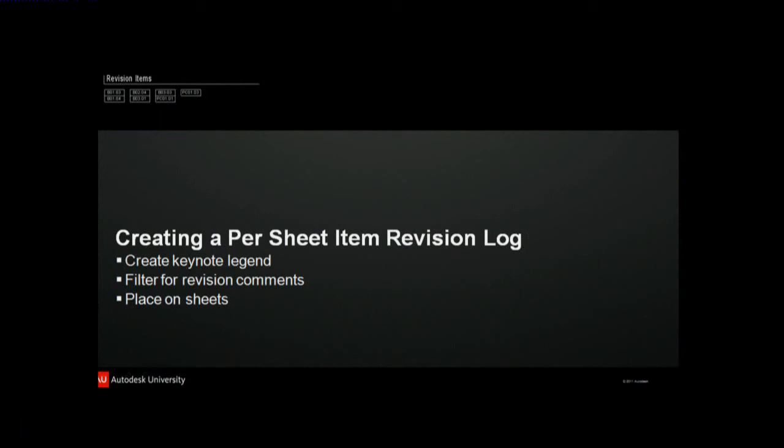This relates to using the Keynote style item revision tag, and the one nice thing about using that technique is that you can create a Keynote legend that will schedule the item revision tags, and it will schedule only the ones that are occurring on the sheet. So filtering those revision comments per sheet will happen automatically.